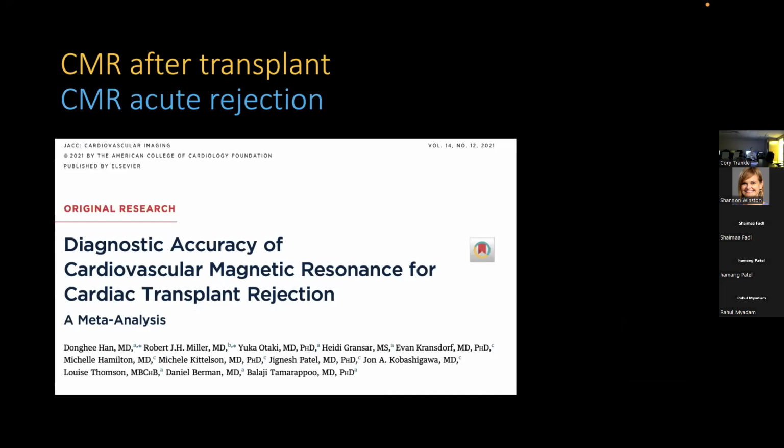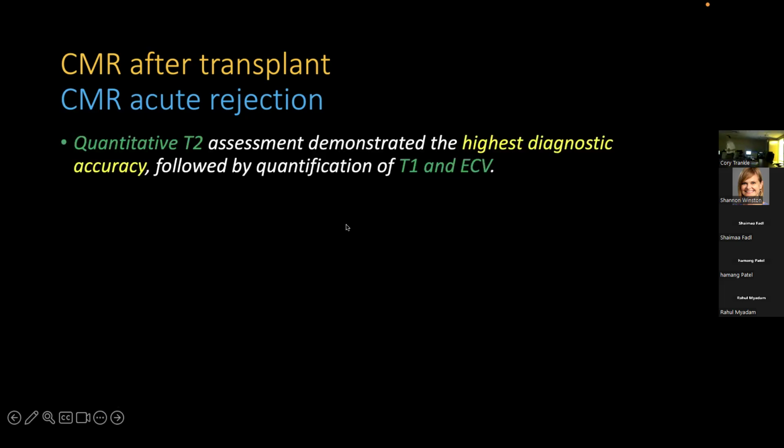This paper is a meta-analysis about CMR in patients with cardiac transplant rejection, and they concluded that quantitative T2 assessment has the highest diagnostic accuracy, followed by T1 and ECV.